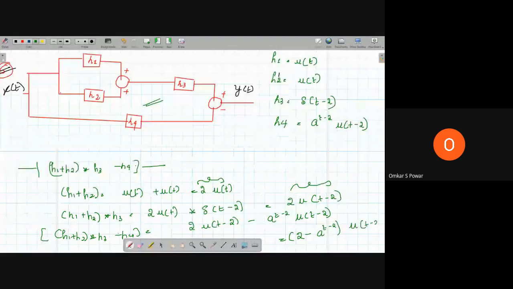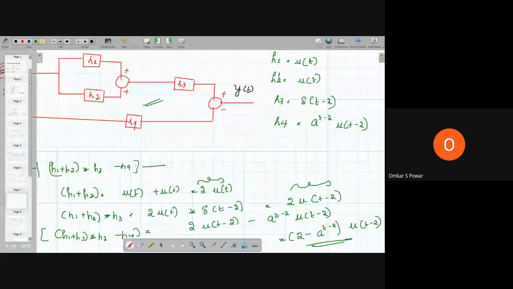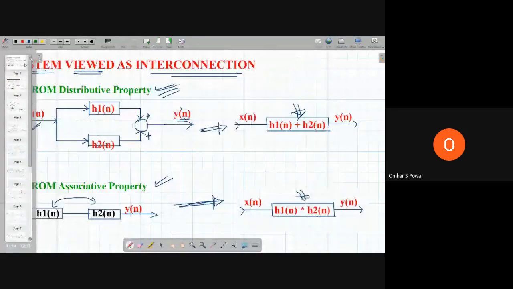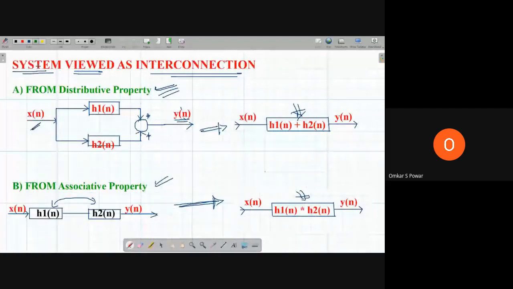I hope you have understood this section properly. So what have we done today? The first thing we discussed was the system viewed as an interconnection. Then we saw when they are connected in parallel, we can add them up, and when they are in series, we can take the convolution.